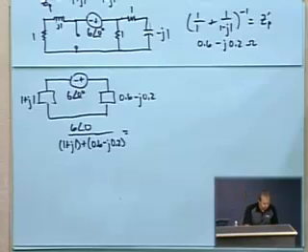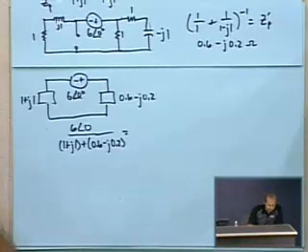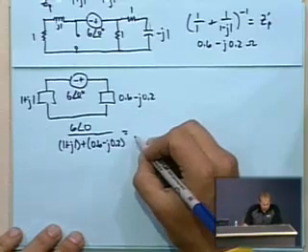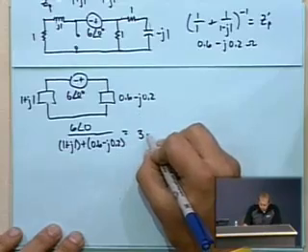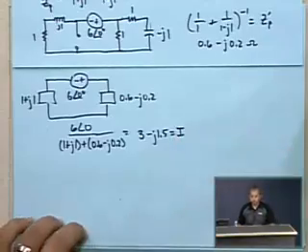So 6 at an angle of 0 divided by 1 plus J1 plus 0.6 minus J 0.2 gives us, this probably doesn't have a nice number, just for convenience sake, we're going to leave this as 3 minus J 1.5, and that is the current that's running around the circuit.